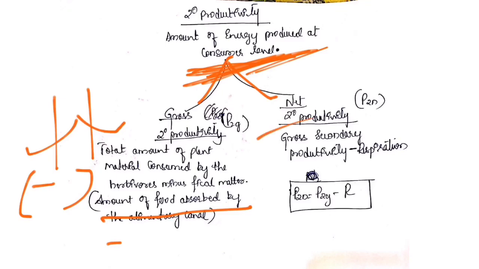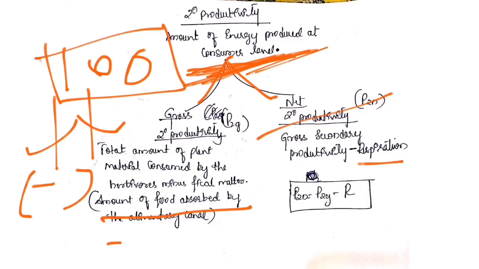And next one is the net secondary productivity: gross secondary productivity minus respiration. Here, again the same example. It has consumed plant material and has synthesized around 100 kilocalories of energy. Out of this 100 kilocalories, it is utilizing around 50 kilocalories for its general body maintenance, that is, to maintain all the physiological activities.